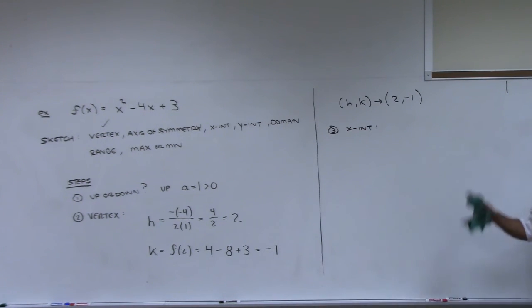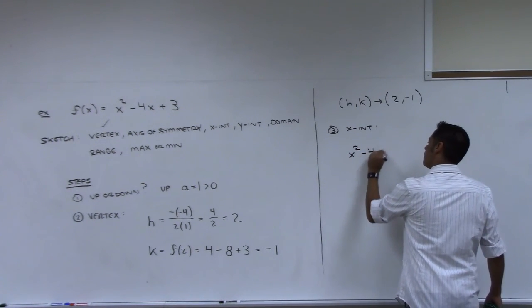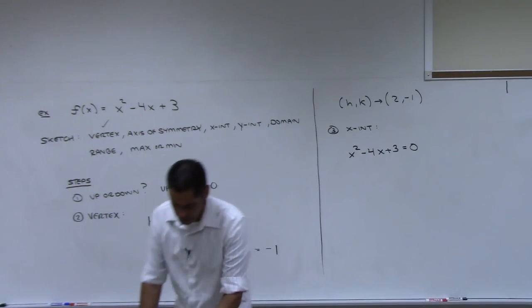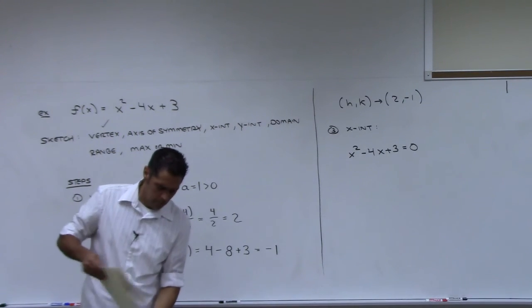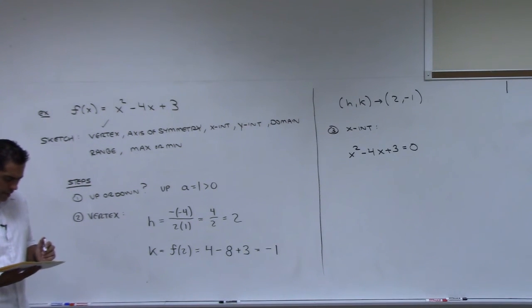How do I get the x-intercepts? Set the function equal to 0. How would you solve that?